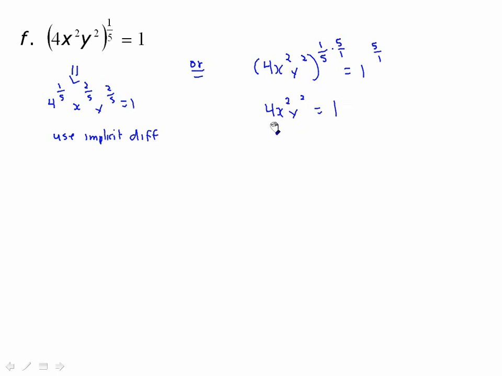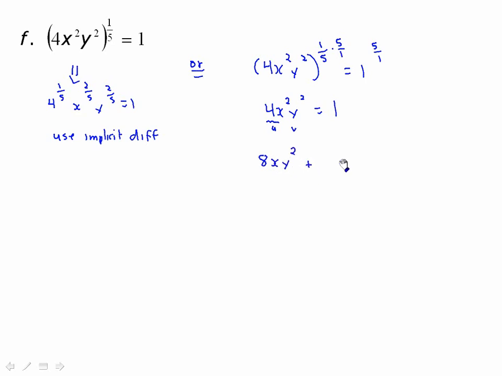You still have to use implicit differentiation. Well, actually, you don't even have to do that. You could isolate the y, but I'm going to anyways. So when we differentiate this, it will require the product rule. The derivative of 4x squared is 8x, and then the y squared stays.